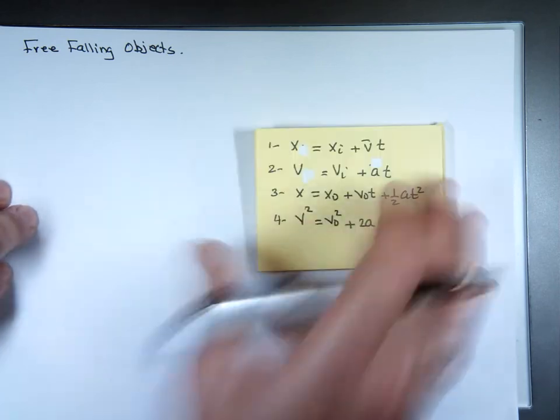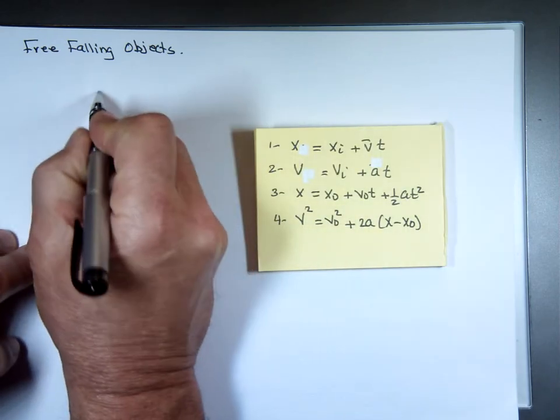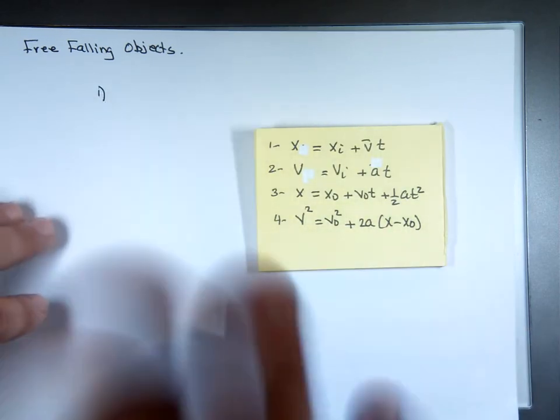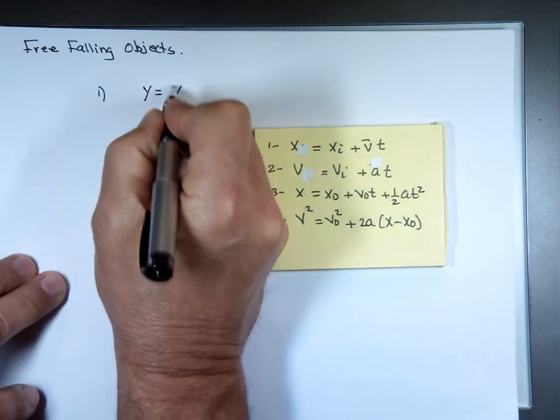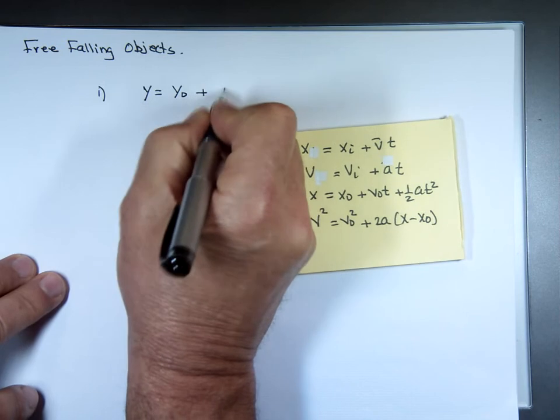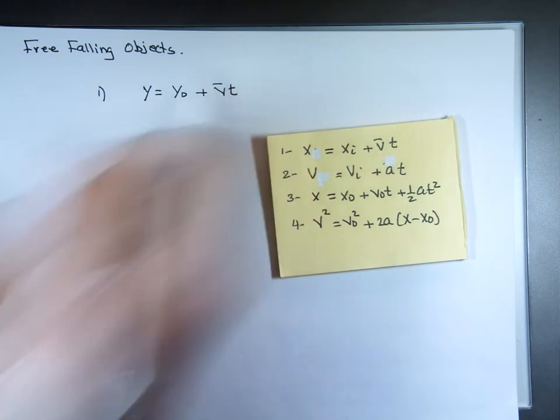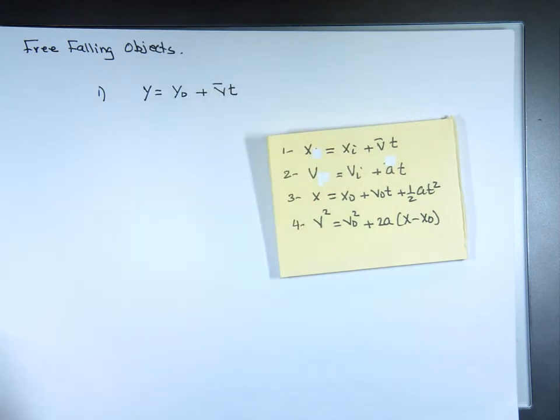So if you want to rewrite these equations, for equation 1, I don't want to use x, I'm moving in the y direction. I can say y equals y0 plus v average times t. Instead of x, use y.